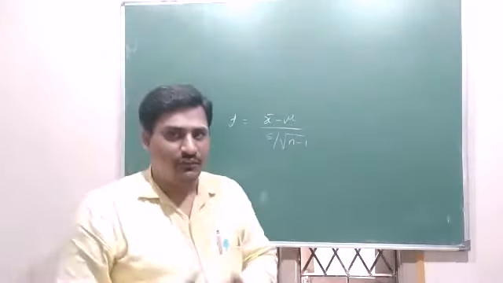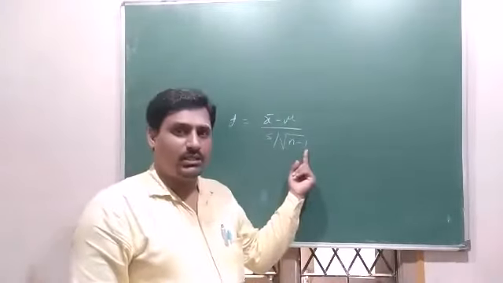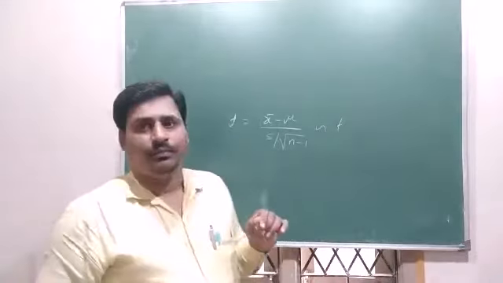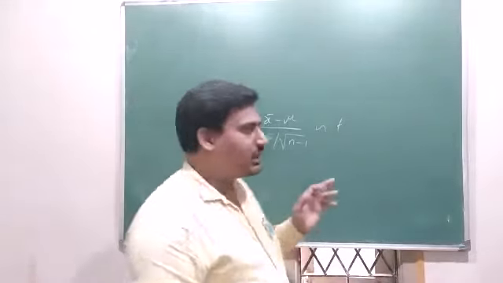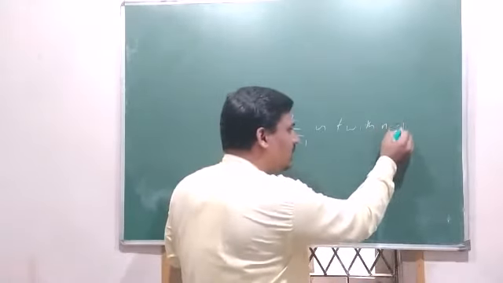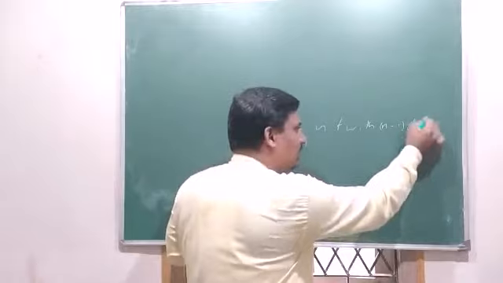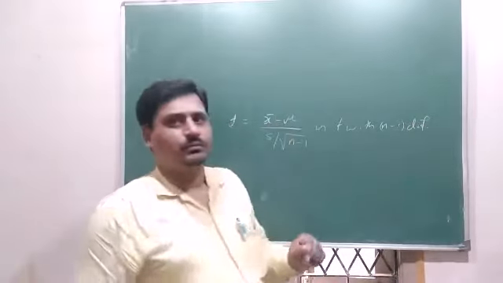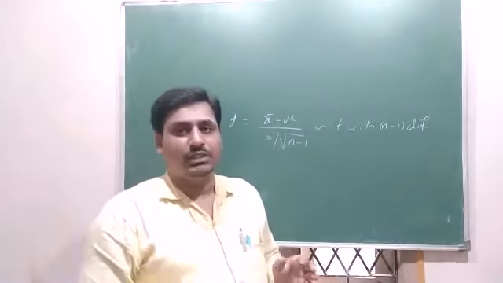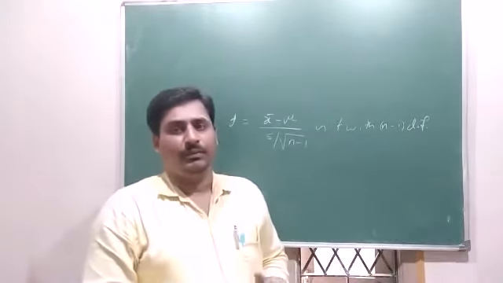So n minus 1 degrees of freedom we take. So T tends to T distribution with n minus 1 degrees of freedom. So this is the formula for single population, first one.